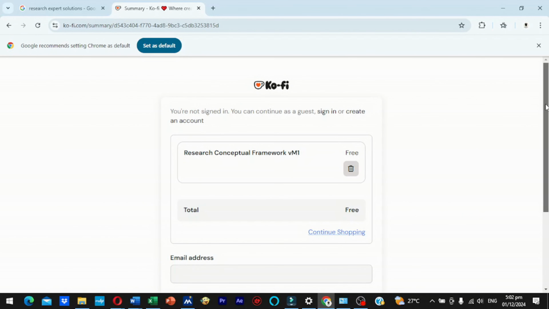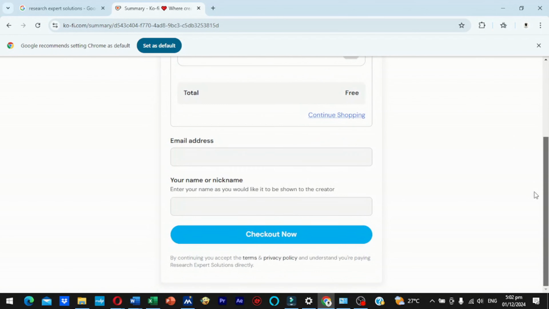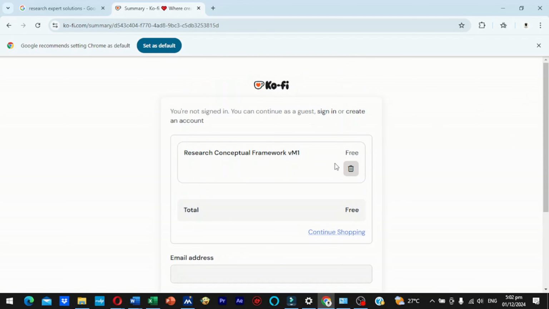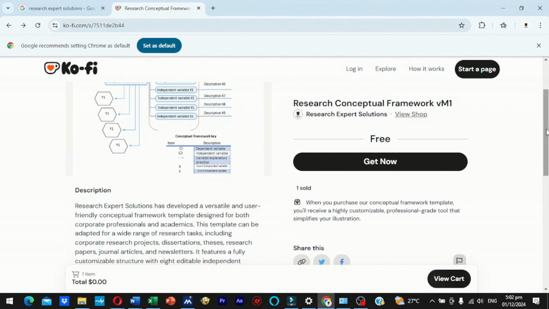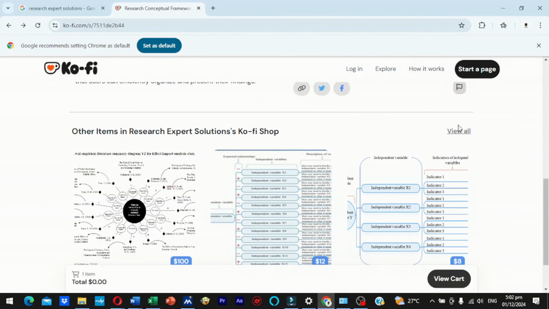It will basically ask you to sign in before you purchase, and once you sign in, you'll be able to get that item for free. But if you want to view our shop, you can visit us at Ko-Fi and check out our shop and see the kind of things that we have.